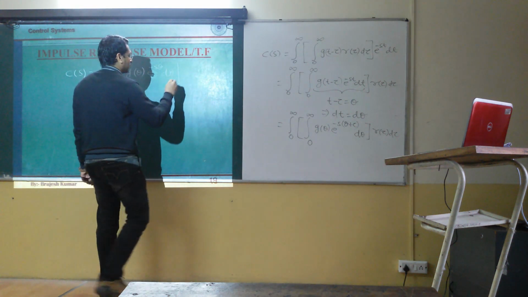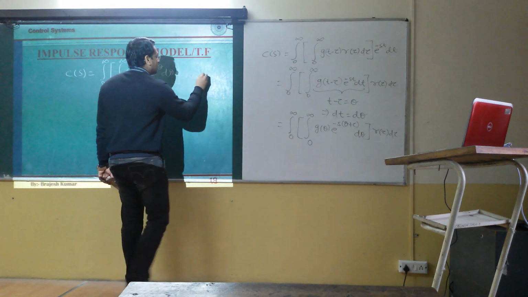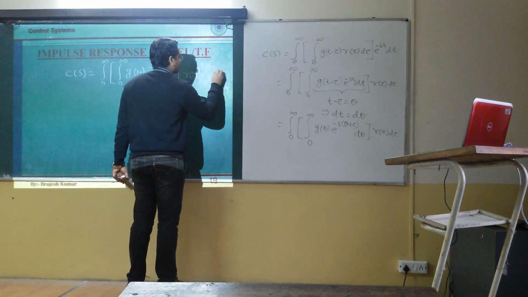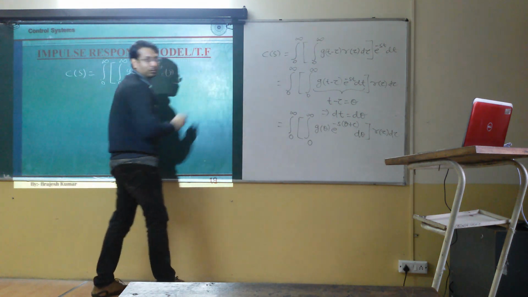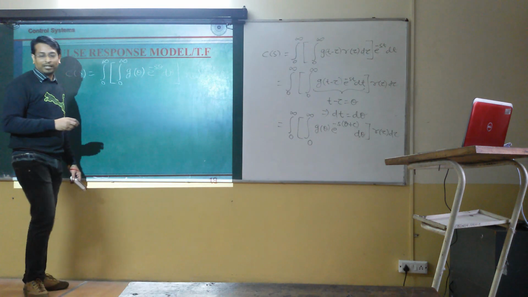What you will get: r(tau) e to the power minus s tau d tau. Correct? One more little rearrangement.